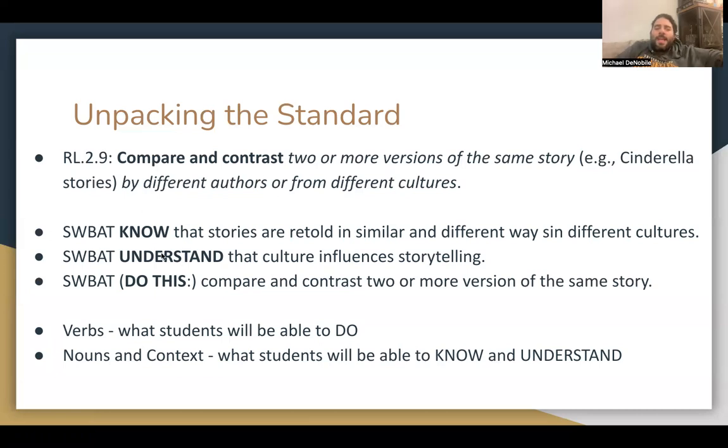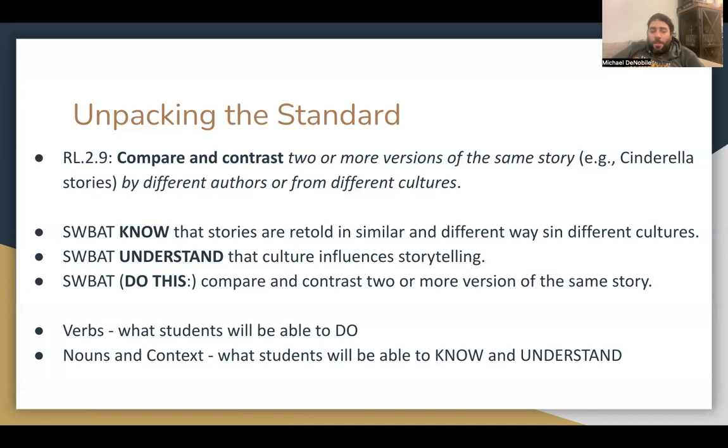So by writing this out, what we want them to know, understand, and do, it helps us build on, it unpacks the standard, as we said on top, but more importantly, it really starts us to break down what do we want to do in a particular lesson, in a particular unit, in a particular course of study.